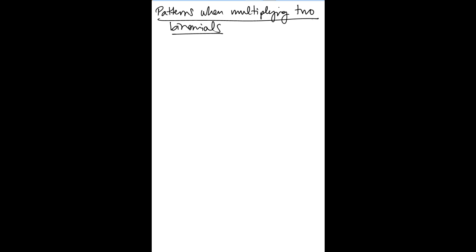Okay, so we've explored the pattern about what happens when we multiply a polynomial by a monomial. The next case is when we multiply two binomials together. So let's look for those patterns. So let's look at some examples.